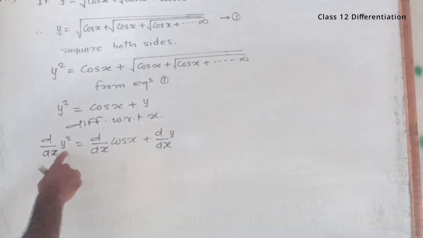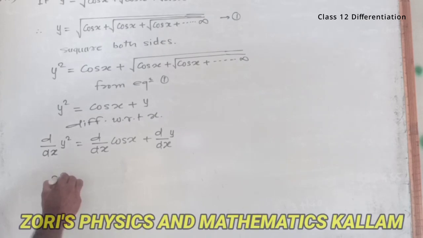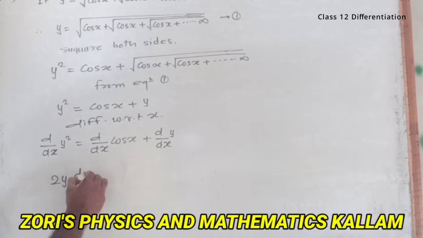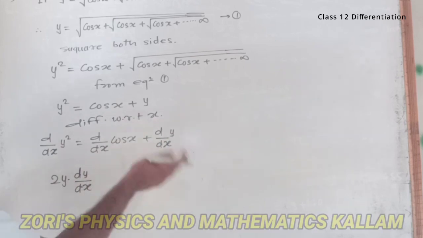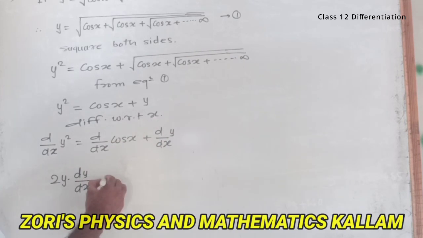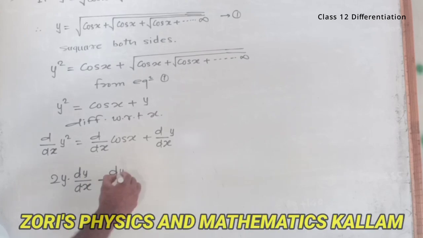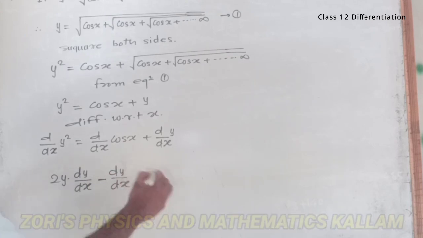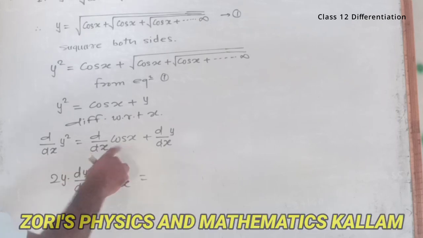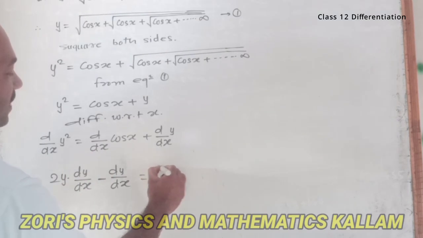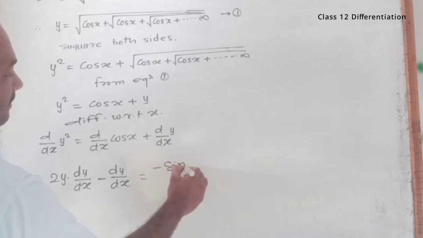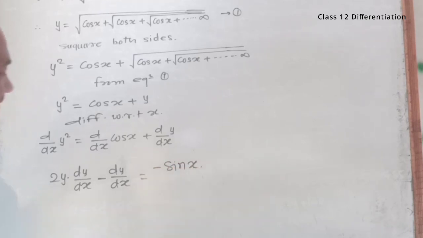Now the derivative of y² is 2y dy/dx. Take this dy/dx to the left. So −dy/dx = the derivative of cos x, which is −sin x.